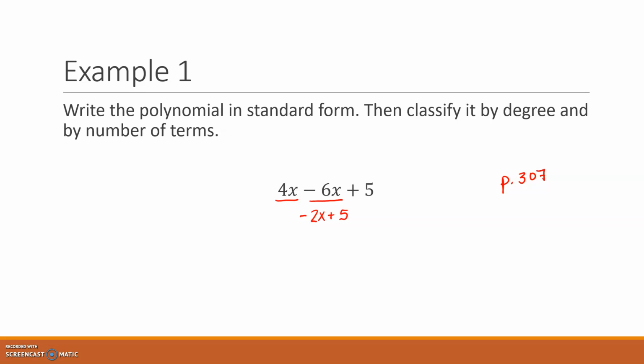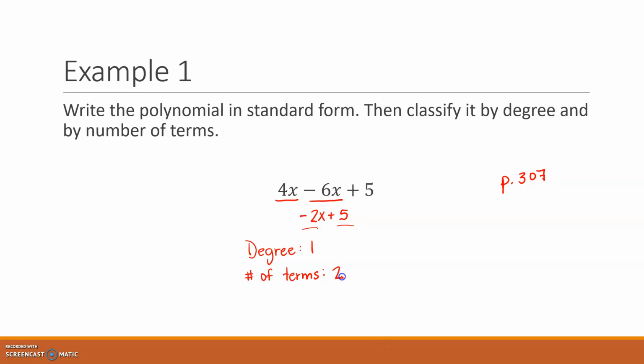Okay, so we are going to look at this and say our degree is the highest exponent. So x right here is our highest exponent. Since our degree is 1, that's the biggest exponent that we have. And then we also want to look at the number of terms. We would say it has 2 terms, 1, 2.